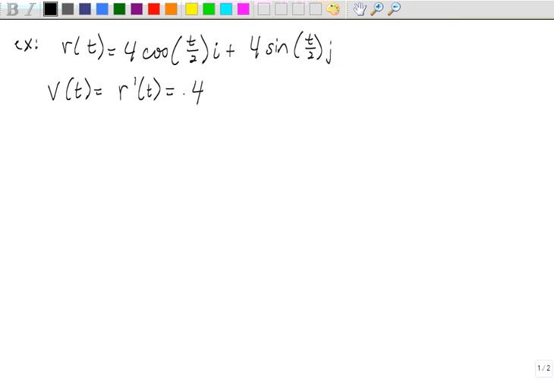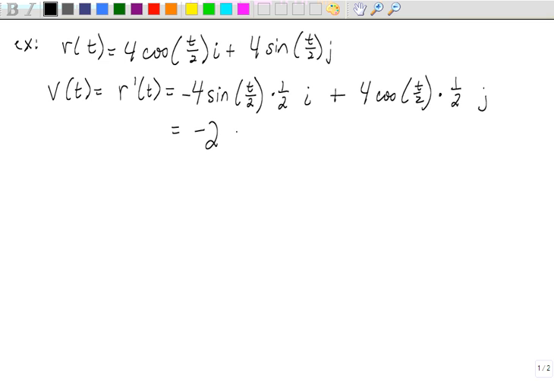I'm just taking the derivative of each of the components, so 4 times minus sine(t/2) times a half i, plus 4 cosine(t/2), taking the derivative of the inside as a half, j. So that's going to be minus 2 sine(t/2) i plus 2 cosine(t/2) j.